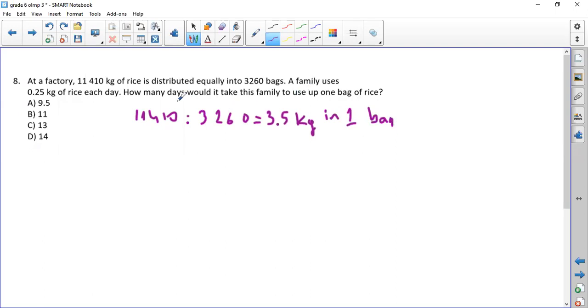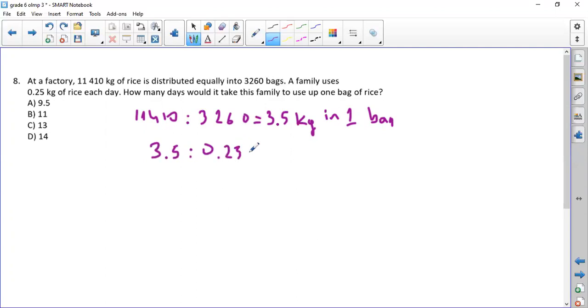Okay, a family uses 0.25 kilogram of rice each day. So for 1 day, I have 0.25 kilogram. And 1 bag has 3.5 kilograms, so I have to divide 3.5 by 0.25.